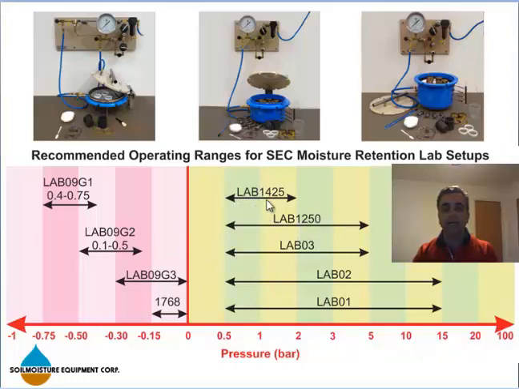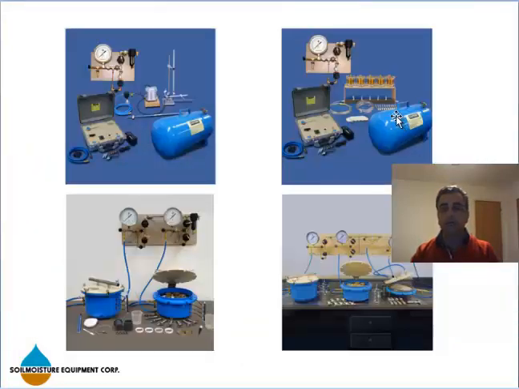Now, before I go over the vacuum options, let me show you some pictures of the lab 1250 and lab 1425 in our pressure side. Lab 1425 is our Tempicell system, and lab 1250 is our 0 to 5 bar hysteresis system. The cell here is 5 inches in diameter and 6 inches in height.